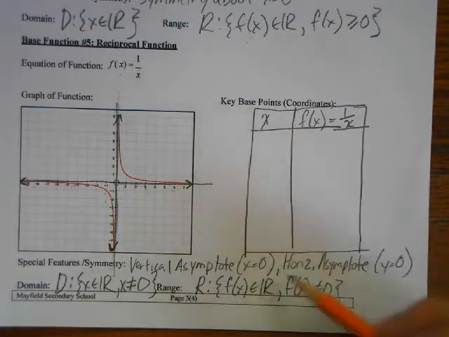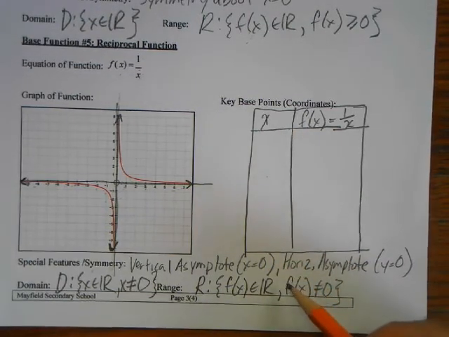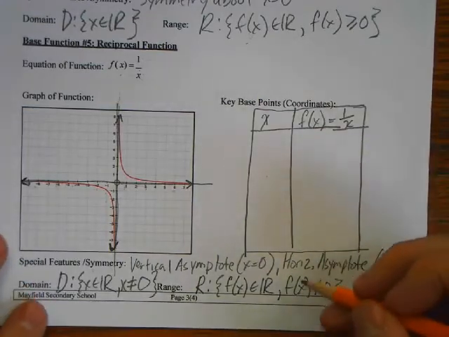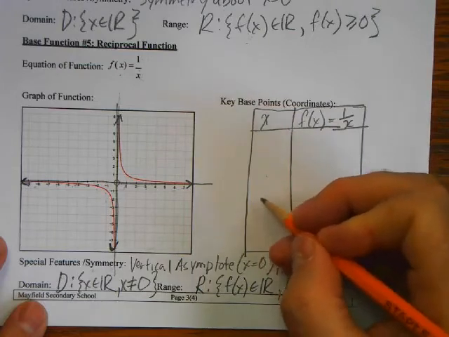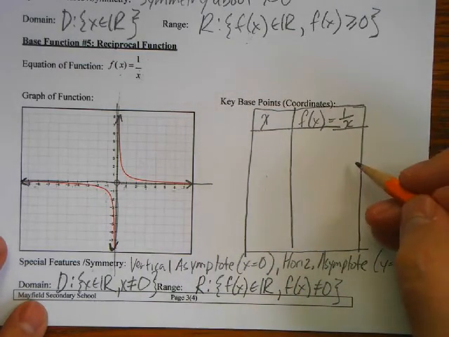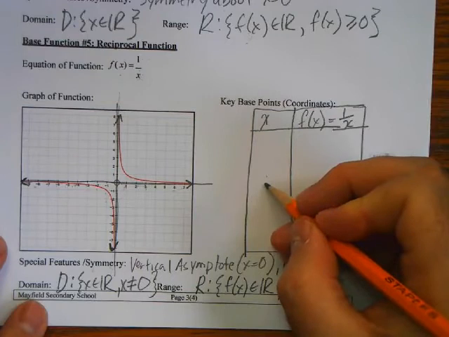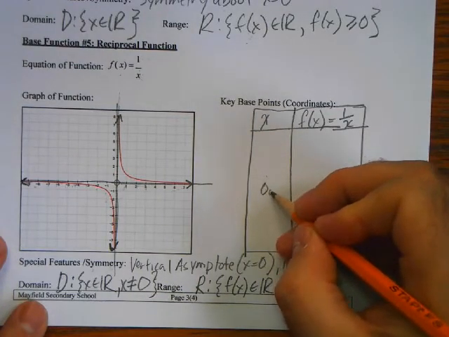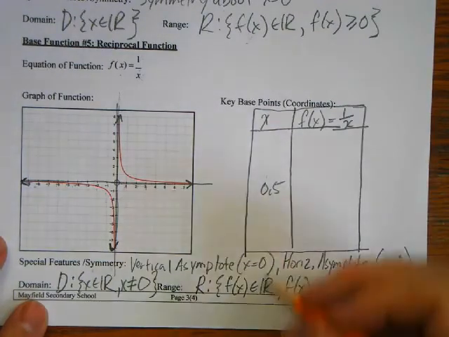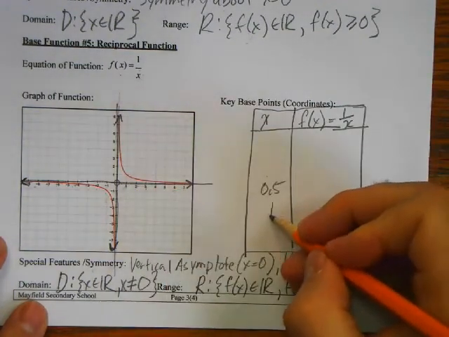So I need points that I can actually graph. I'm going to start halfway down here. I can't pick 0, so I'll pick a point that's close to 0, but still positive. So I'm going to start with 0.5 or 1/2, and I'm also going to pick 1, and I'm also going to pick 2.